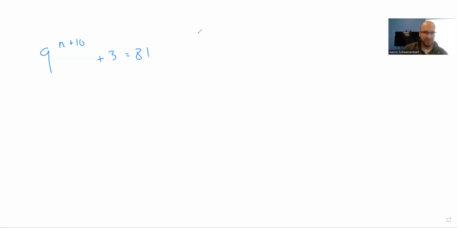So first thing I want to do, whenever I'm solving an equation, I need to work my PEMDAS backwards. The exponentials and logarithms are going to come at this exponent level. So first thing I need to do is move any addition or subtraction to the other side, opposite my exponential.